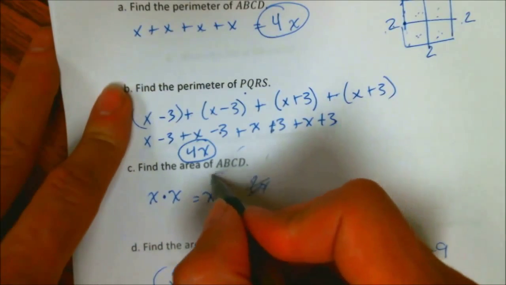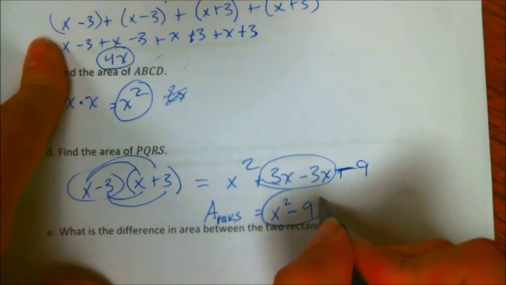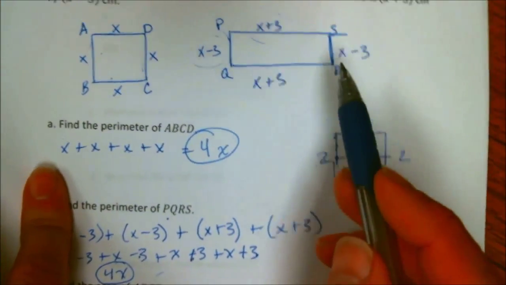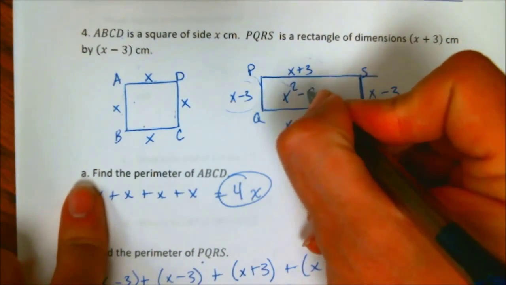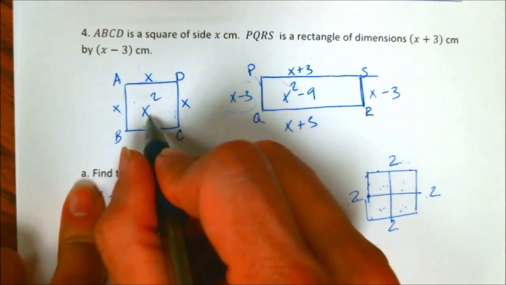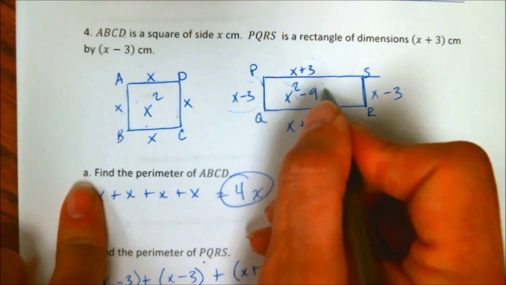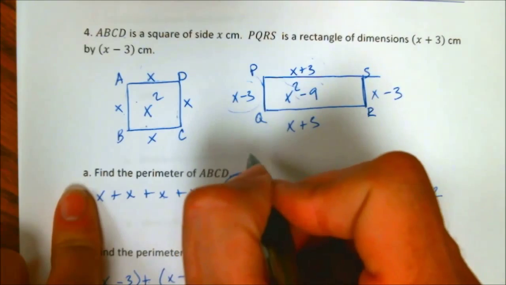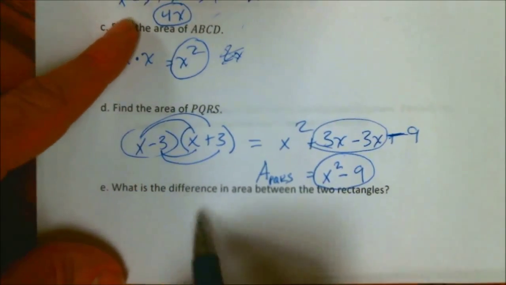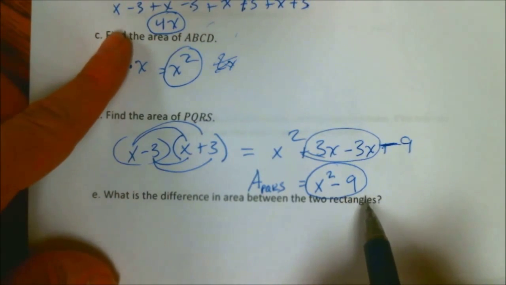So the area of ABCD is x squared. The area of PQRS is x squared minus 9. That would mean that the area of this rectangle is smaller than the area of this rectangle by 9. Can you see that? So a lot of you guys, when you read this last question, what is the difference in area between the two rectangles?